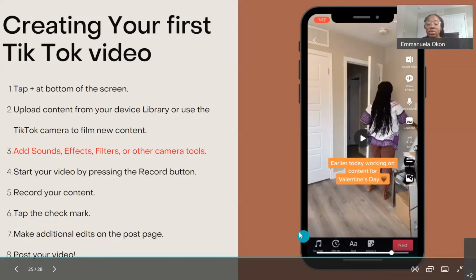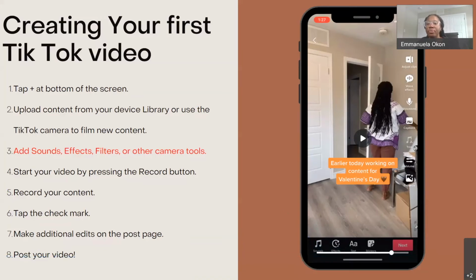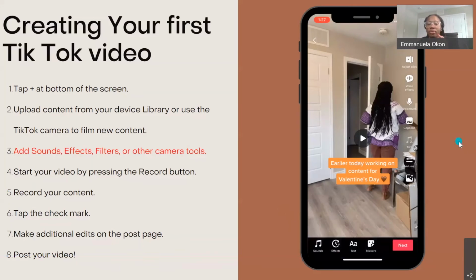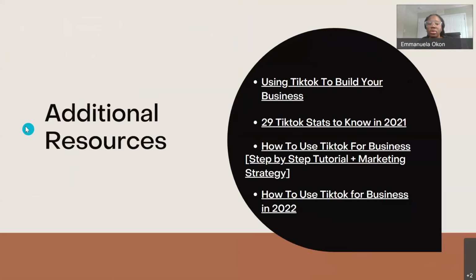If you don't want to use the sounds that are here and would like to explore more, I would advise going over to the For You page, which is TikTok's discovery page, where you can see other content creators using sounds that may be eligible for your TikTok business account. We're just going to go to the next slide.